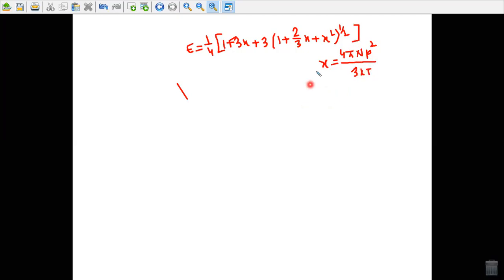This expression is derived from an approximation, and an exact solution has not yet been obtained.